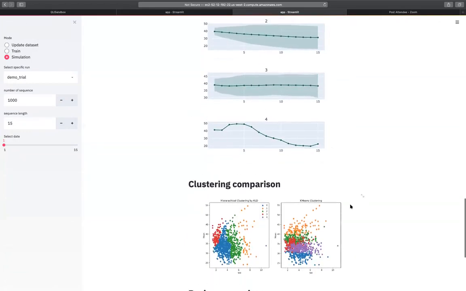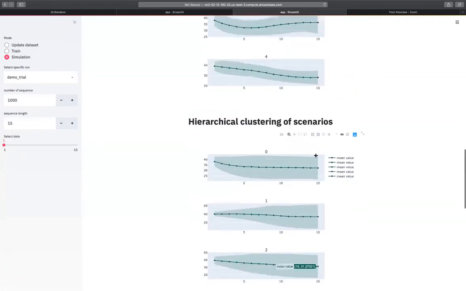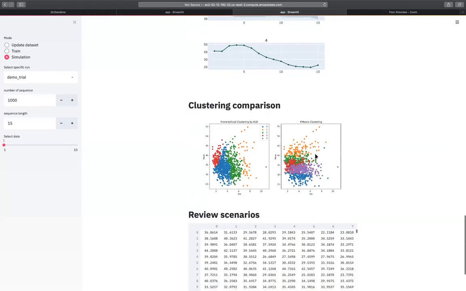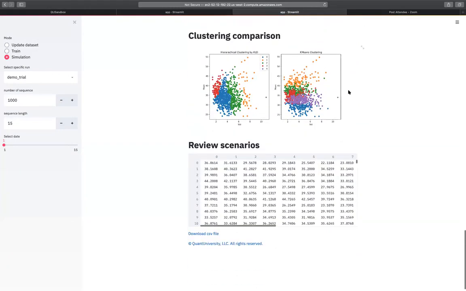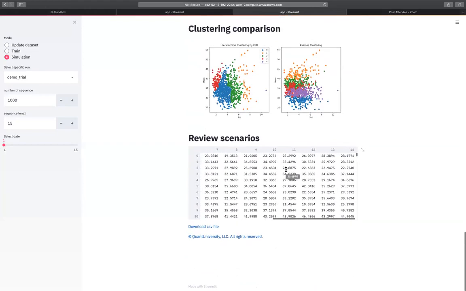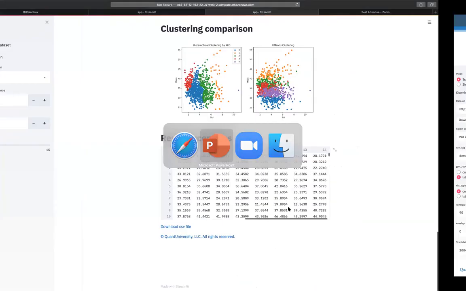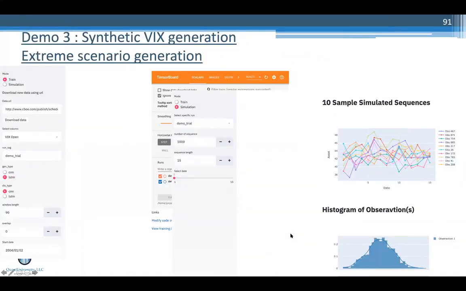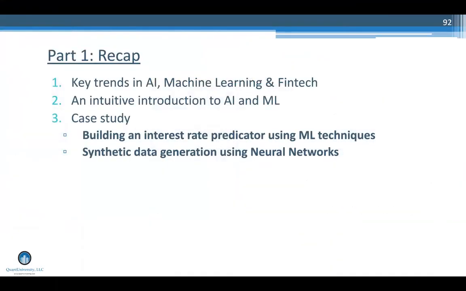This is just an illustration of some of the clustering-based scenarios, and then these are clustering comparisons. You can also download the data to figure out the different scenarios which are out there. Just to give you an illustration of the possibilities with machine learning.